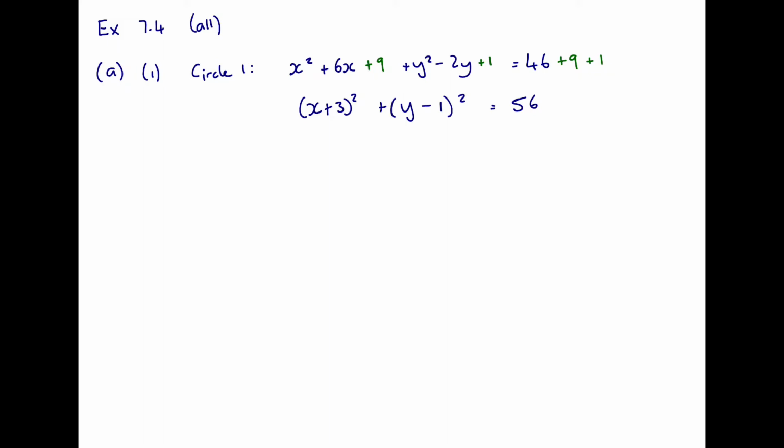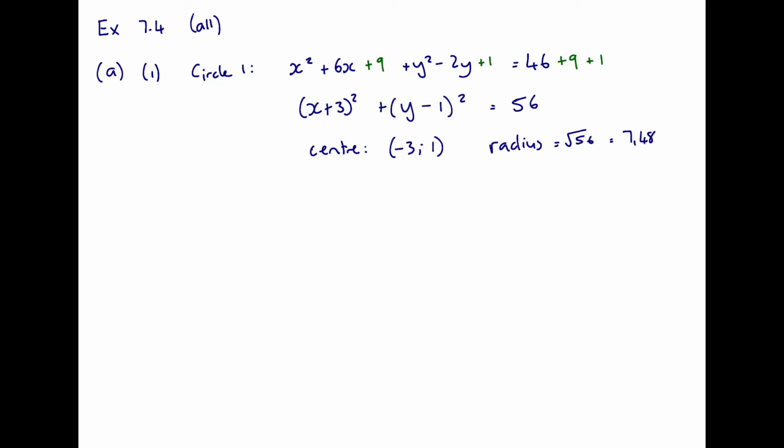That means the center is (-3, 1) and the radius is root 56. To get an idea of how long root 56 is, you can put root 56 into the calculator to get 7.48.